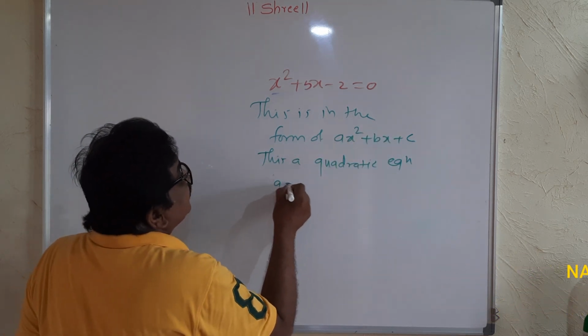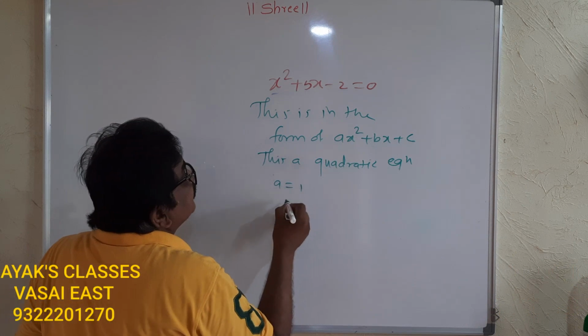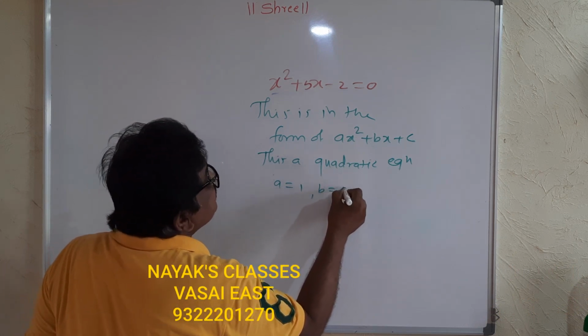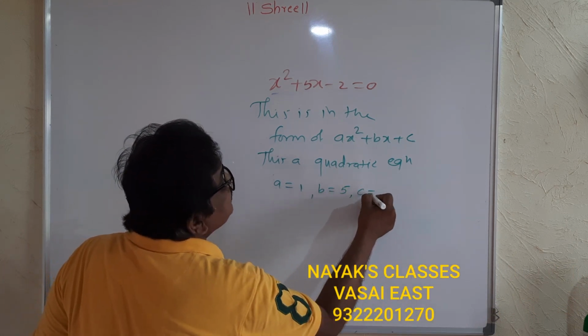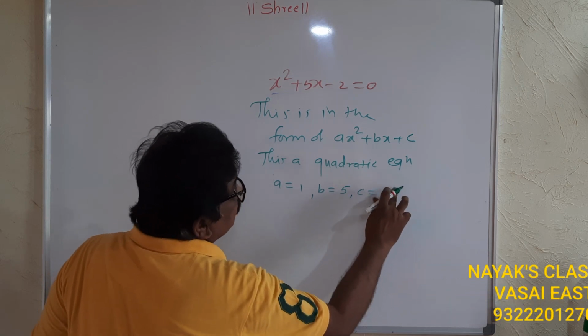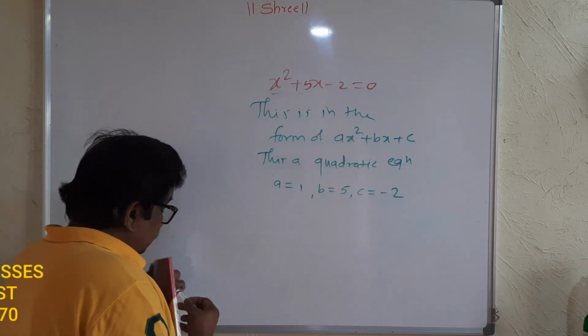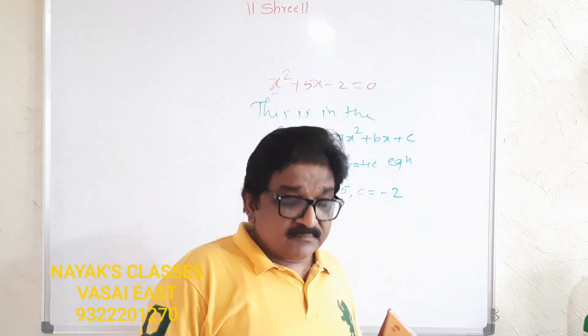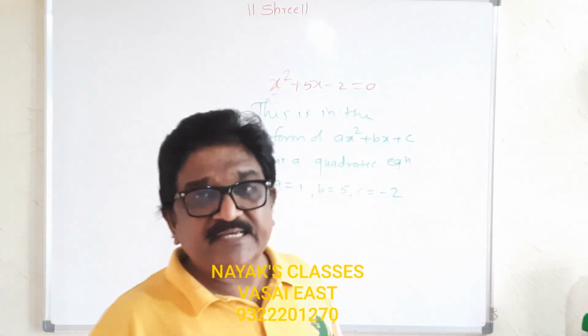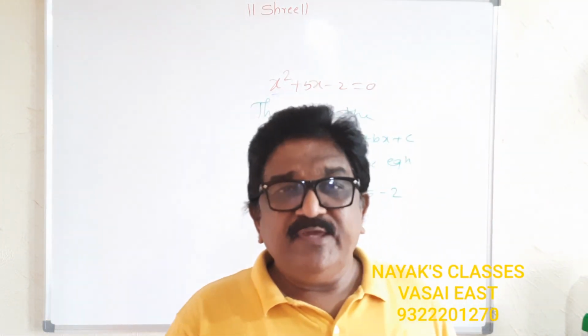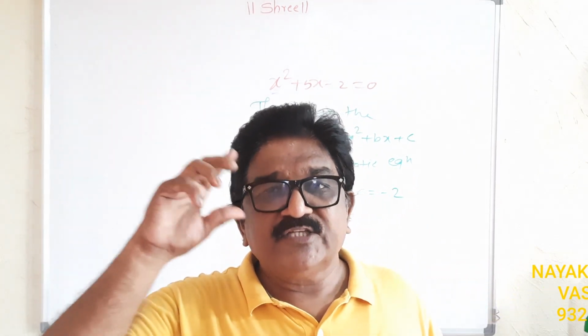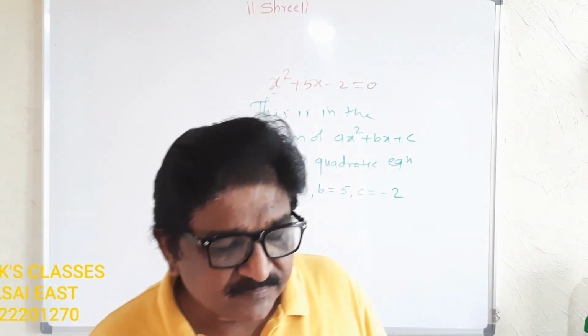So the value of a is equal to 1, the value of b is equal to 5, and the value of c is equal to minus 2. I am giving a little more knowledge in these examples, so it will be useful for the coming examples.